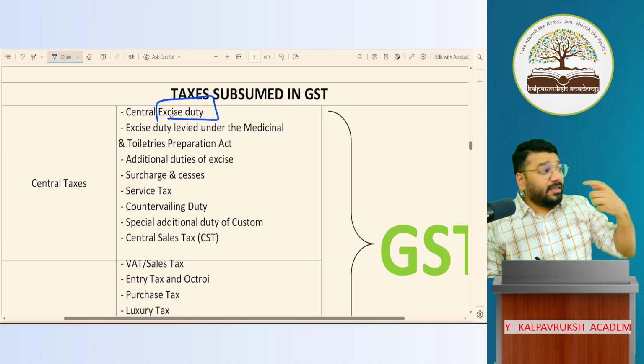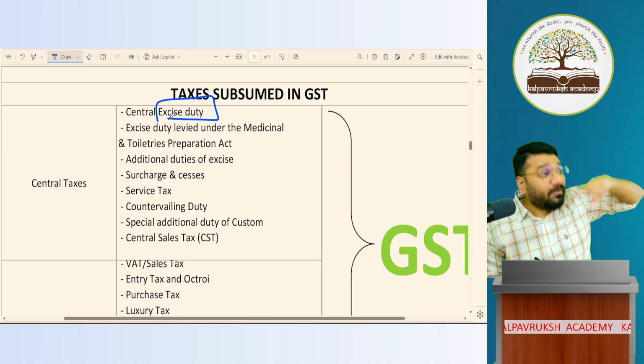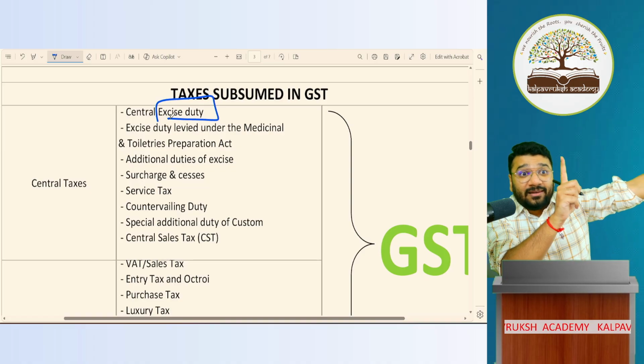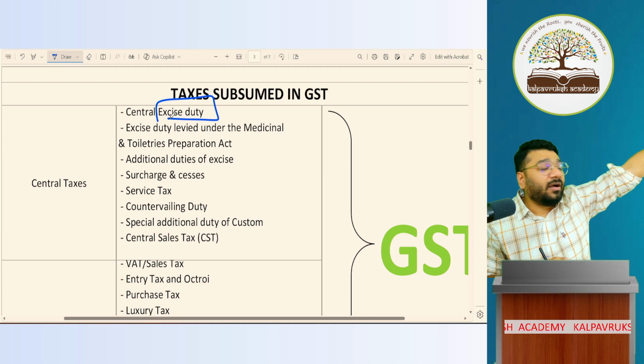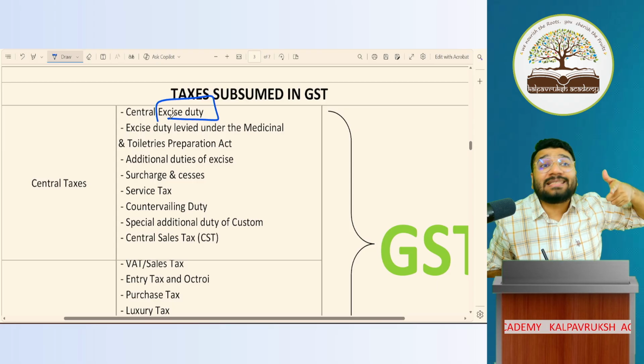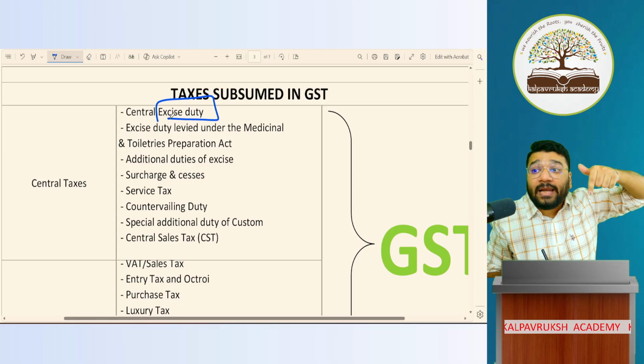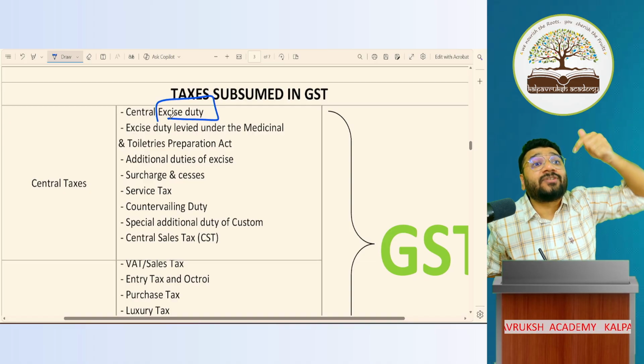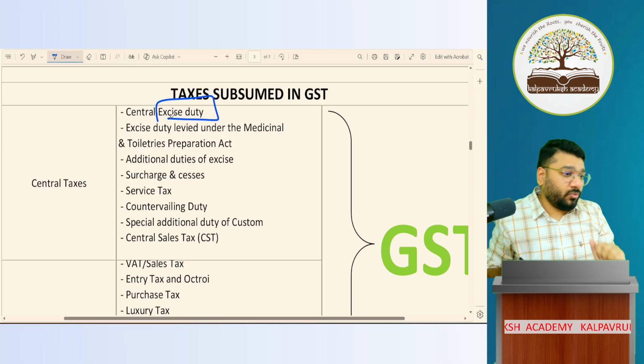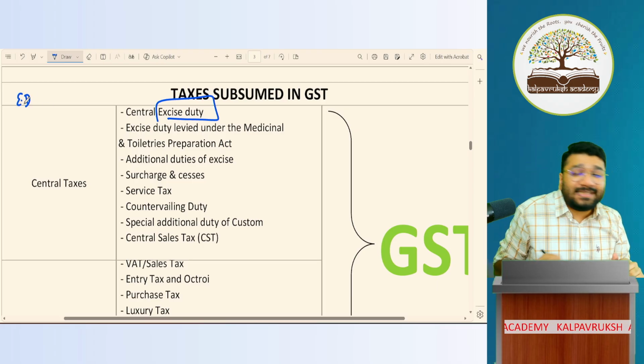If I remove the tire from the factory, even without selling, I have to pay excise duty. Excise duty was a tax levied upon manufacturing.